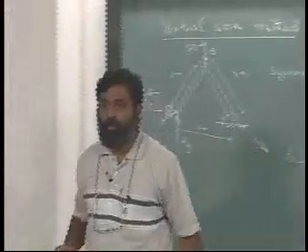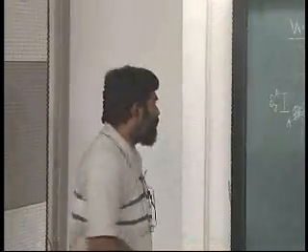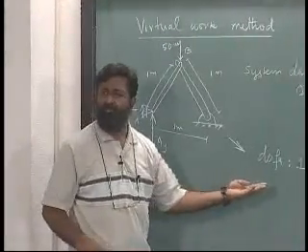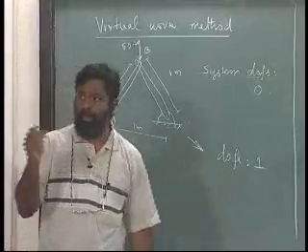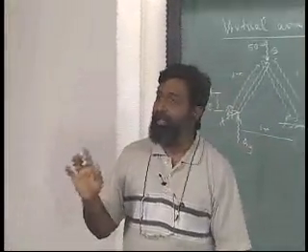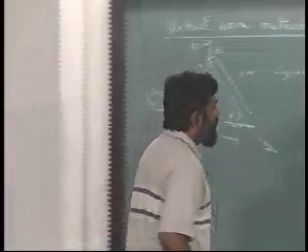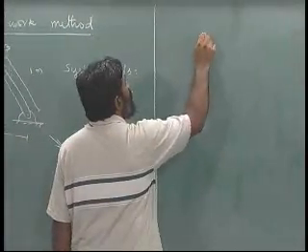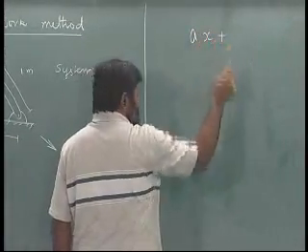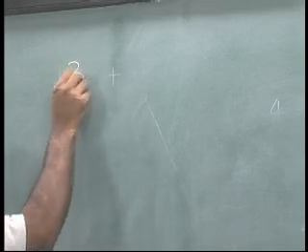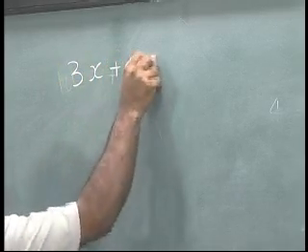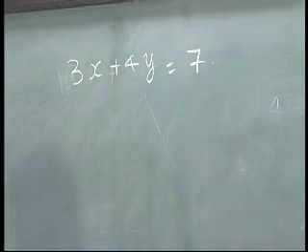One more important point before moving. What do I mean by this degree of freedom, sir? It is not very clear to me. So, I am going to make it clear by giving a simple example. Let us say I have an equation, let me just give numbers, 3x plus 4y equals 7.